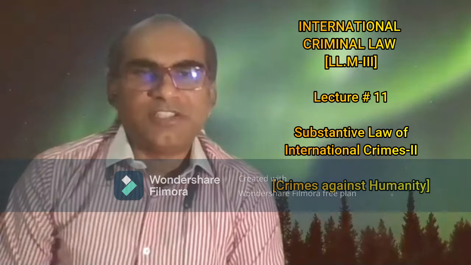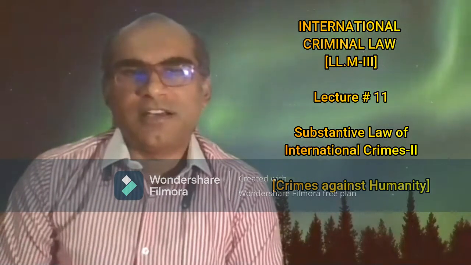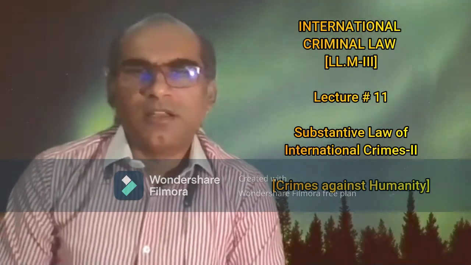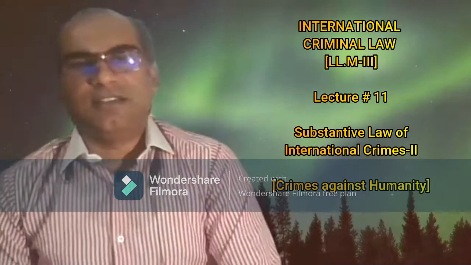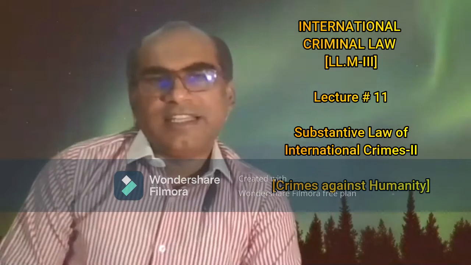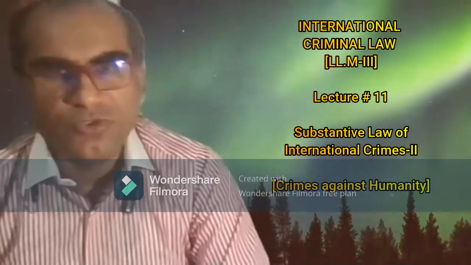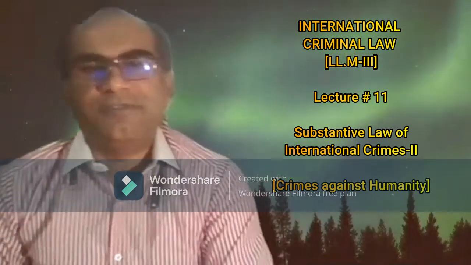Such arrest, detention, or abduction was followed or accompanied by further elements which are provided. The list is long, so it will take time if I read it here for you. So you can read it yourself in Article 7, paragraph 1, clause I.